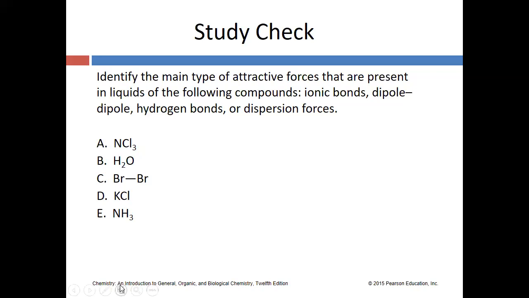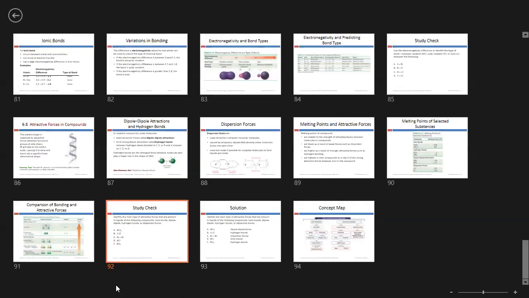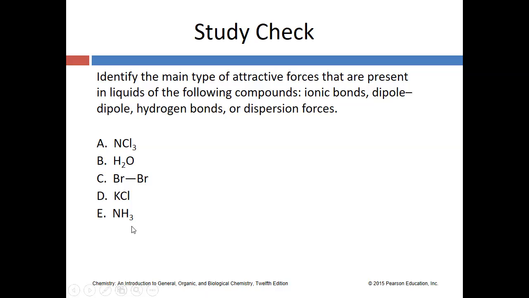So how do I go about identifying these? Well, the ionic bonds should be the ones that should be easiest to pick out. I'm looking again for metal and non-metal. There's an example of that. For dispersion forces, I'm looking for non-polar kinds of stuff.